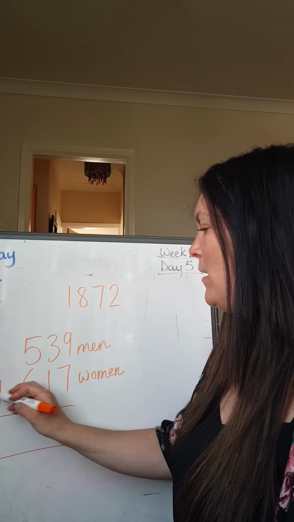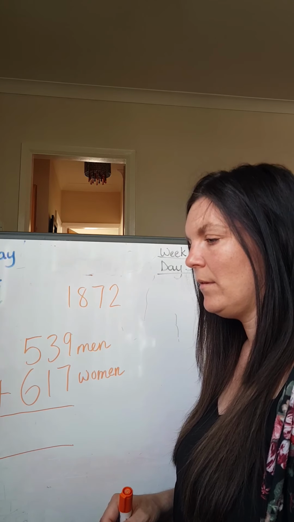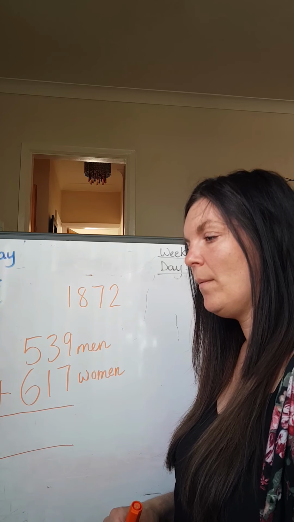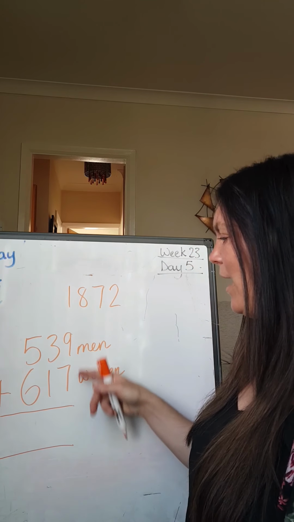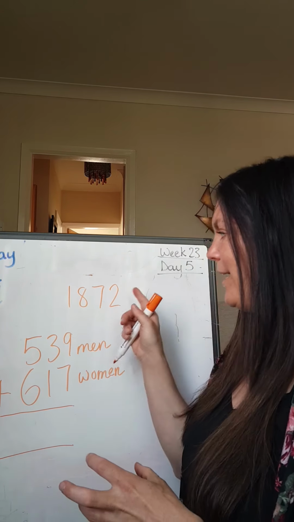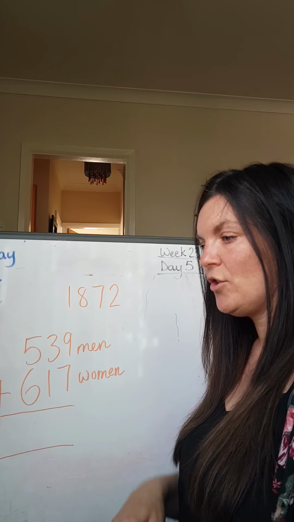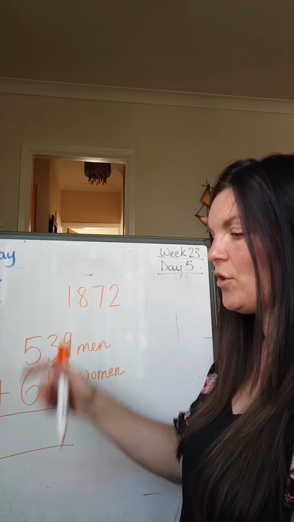So how many men and women are there? Because the second part wants me to know how many children live in the village. So we can't work that out yet until we find out how many men and women there are all together and take it away from this total, because that's how many people are in the village all together.